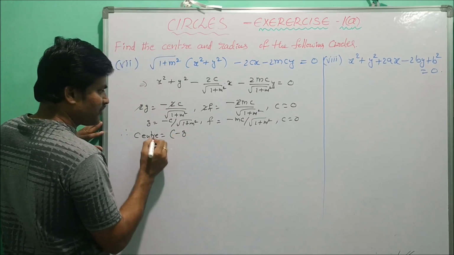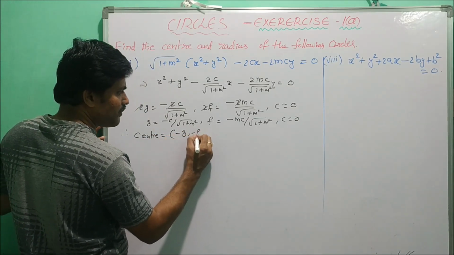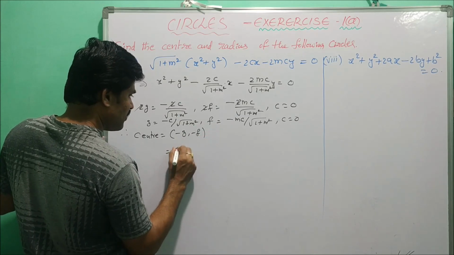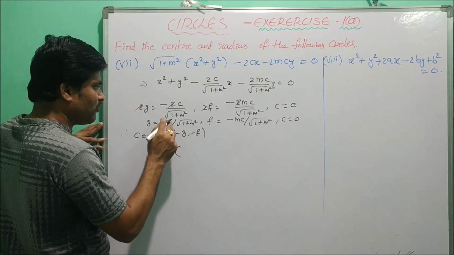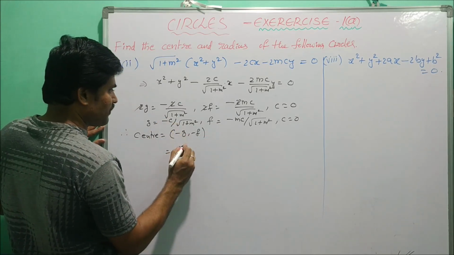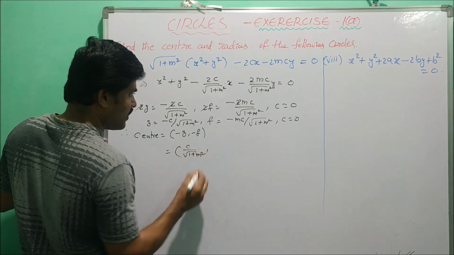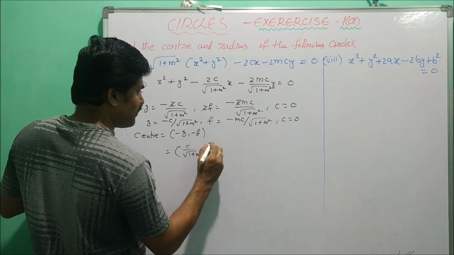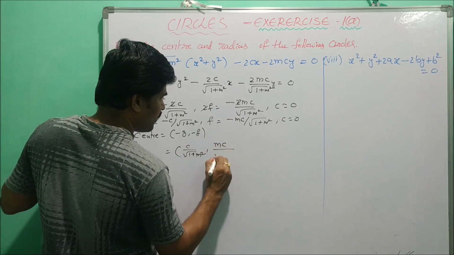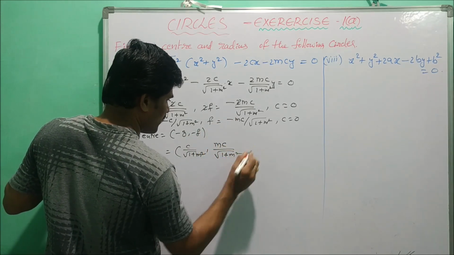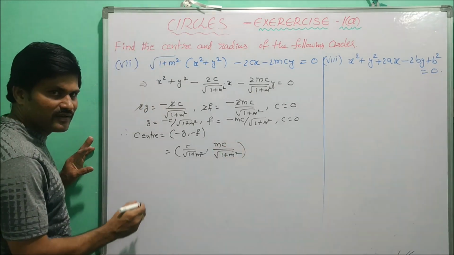So center of circle equals to minus g, minus f. In this we substitute the values. Minus of minus c by square root 1 plus m square, that is plus c by square root 1 plus m square. Minus f, minus of minus plus, so mc by square root of 1 plus m square. So this is the center.